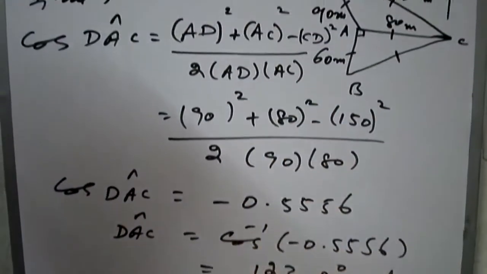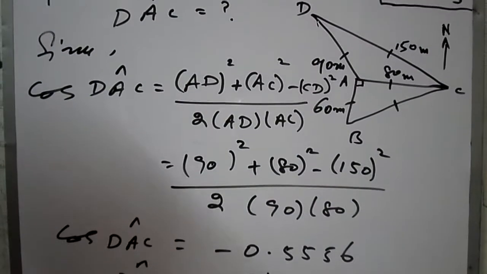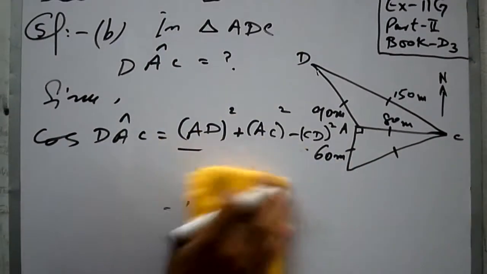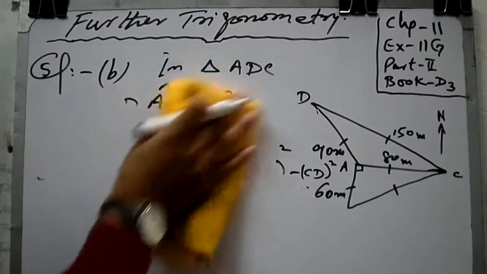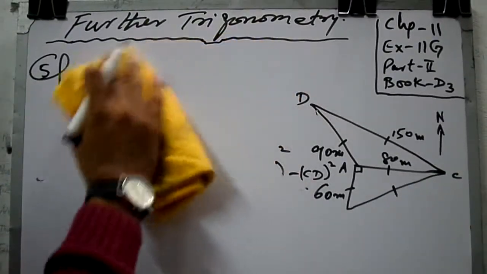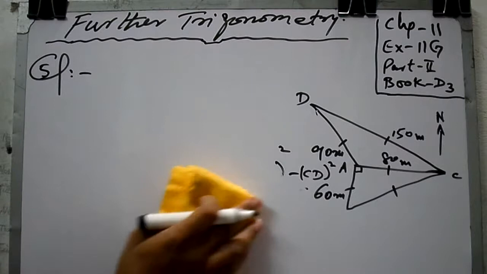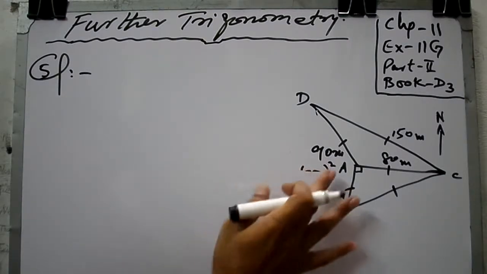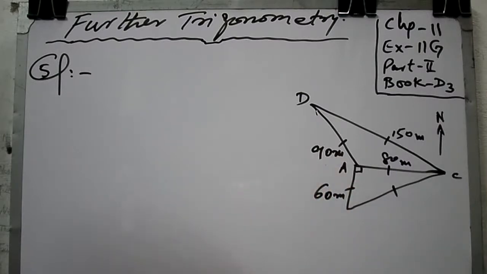I have to draw another diagram for your clarification. You see, this is the next part of the same question. You see now another diagram which is very much necessary.